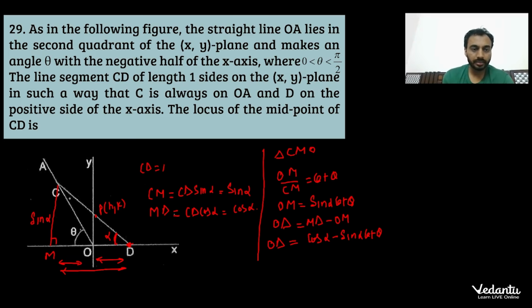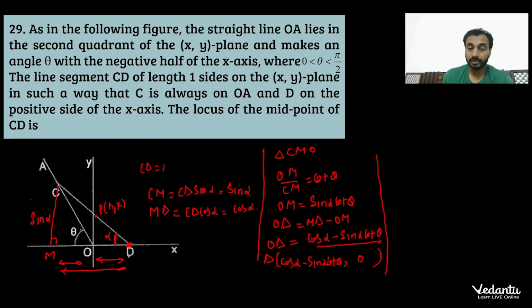Now similarly, if you know the length OD, we can say the coordinates of D are: this is the x coordinate, cos alpha minus sin alpha cot theta, and the y coordinate will be 0.